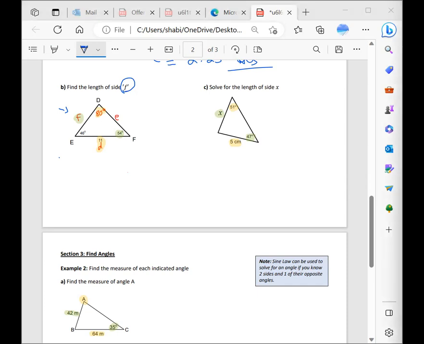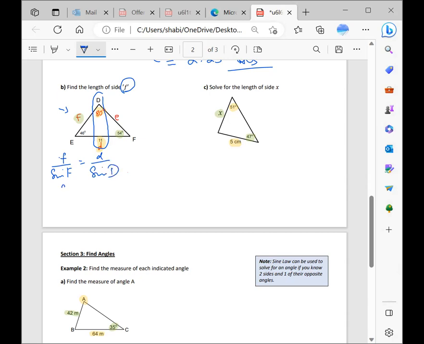So I'm going to write the side f formula like this: smaller f over sine capital F. Now I have to choose another one. If I choose this d, that would be more convenient. So smaller d over sine capital D.